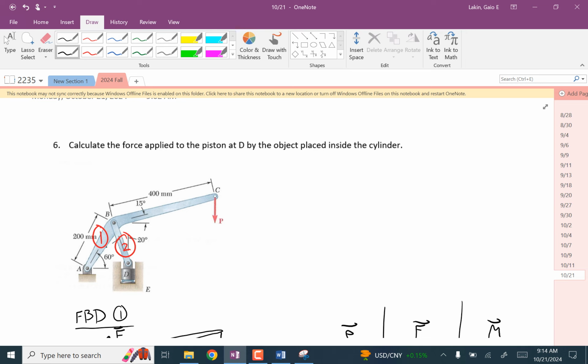So 0.1732 divided by the cosine of 20 degrees. And so I get that that length is 0.184.